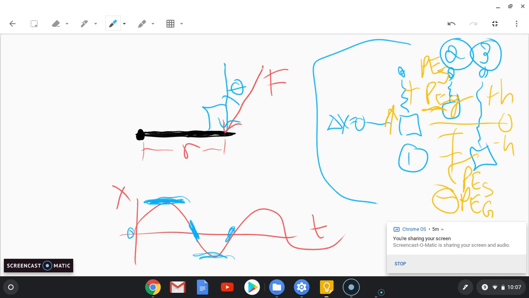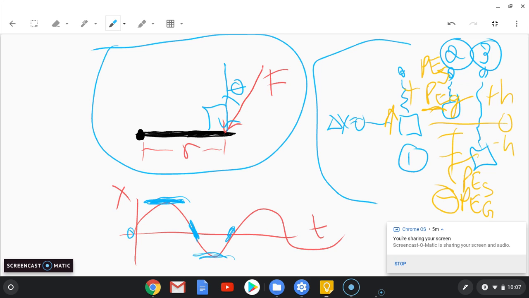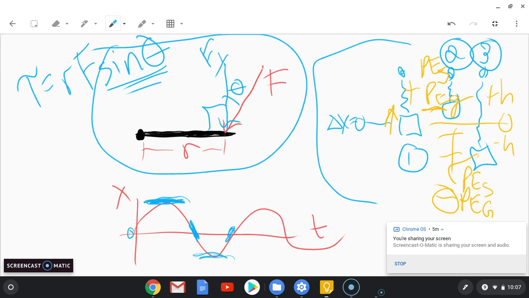Okay. While I'm on the screen, let me talk about this torque equals r F sine theta. I hate that they put sine theta in, because it depends on where your theta is. Where I have my theta written, it's actually this force perpendicular.